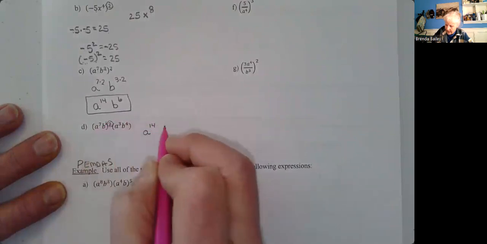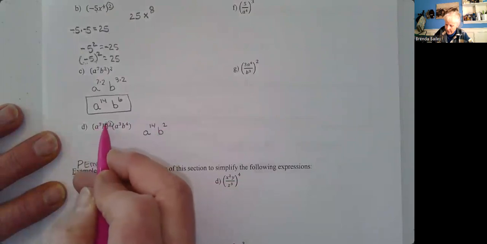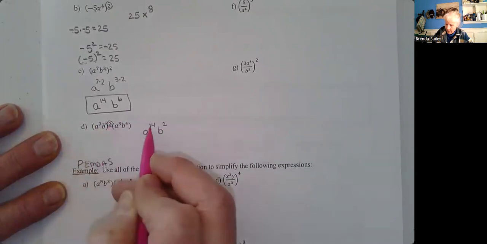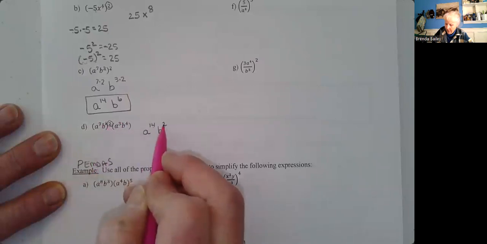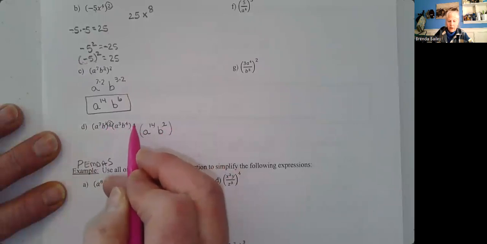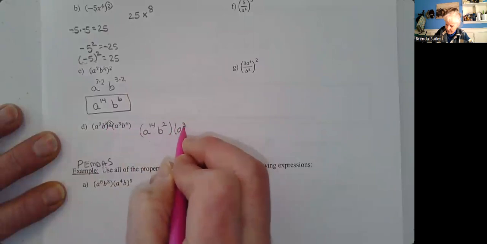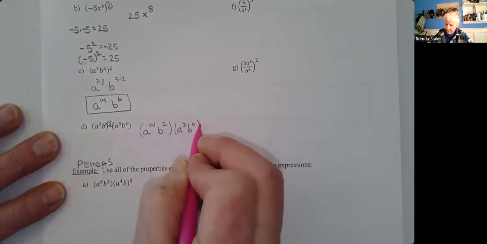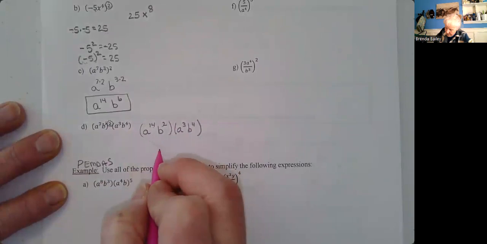B to the 2nd. So I multiplied 7 times 2 and got 14, 1 times 2 and got 2. Now the other one doesn't have an exponent, so I don't need to do anything. I'll just copy it. Now we use our product rule. We add exponents when we have common bases.